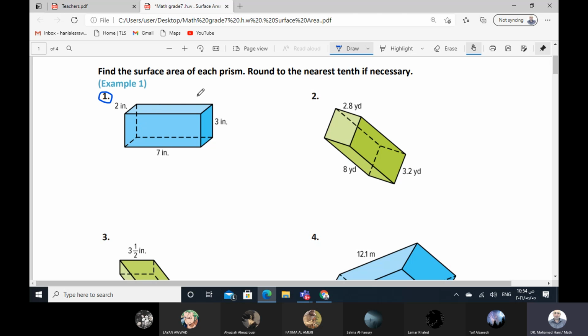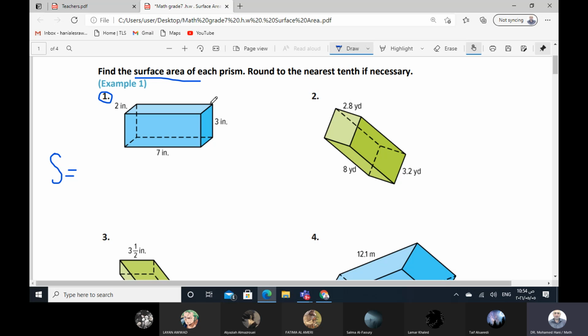We have a rectangular prism here and we want to find the surface area. The surface area represents S equal. To know the surface area of the prism, you must find the area of each face.